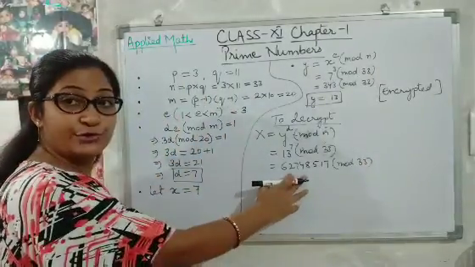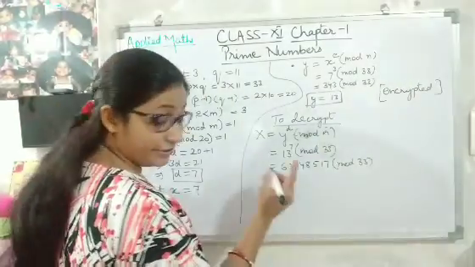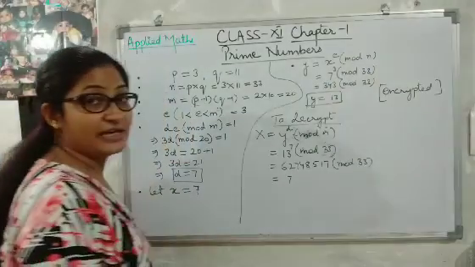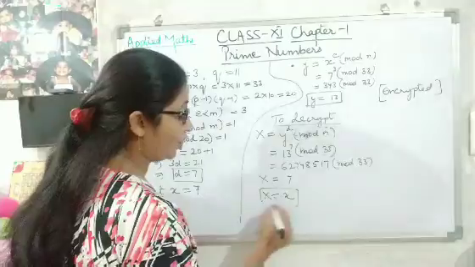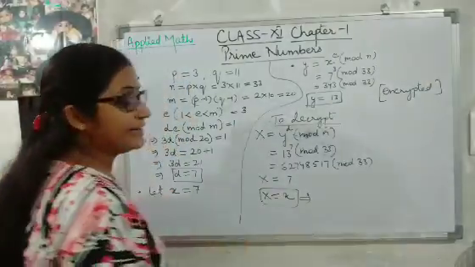So again when you are going to divide this by 33, remainder will come out to be 7. And this was your x, which was actually equal to your x, the actual data.